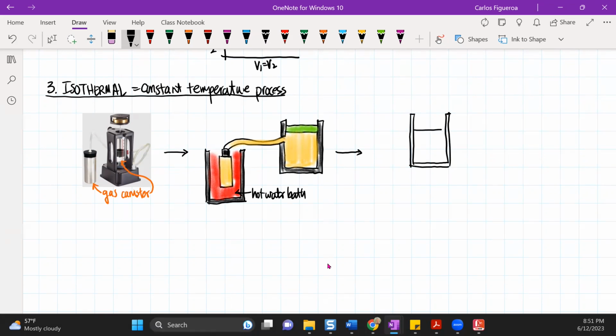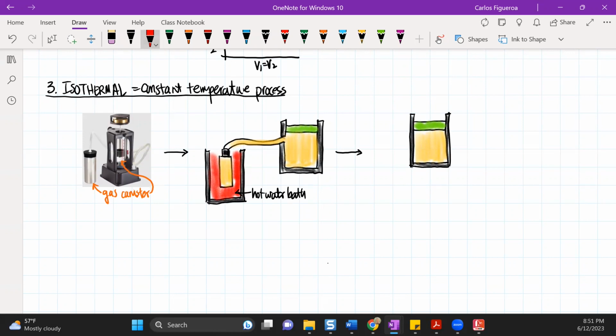So I have my piston head right here, inside my piston, and I'm only going to focus on the gas inside, but I know that there's a canister.